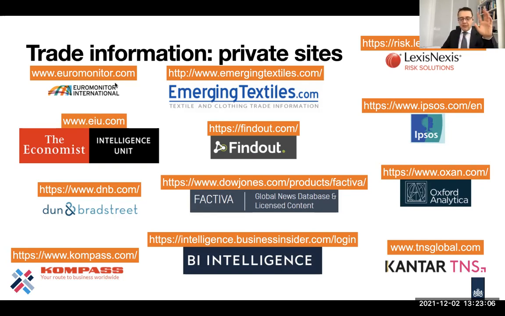And at the same level of quality and more or less with the same type of coverage, Compass is also really good. Factiva is similar, but this is more about news and what is happening. It comes from Dow Jones, so it's more about what has been published, all the news that have been published, and they do really good information on that.